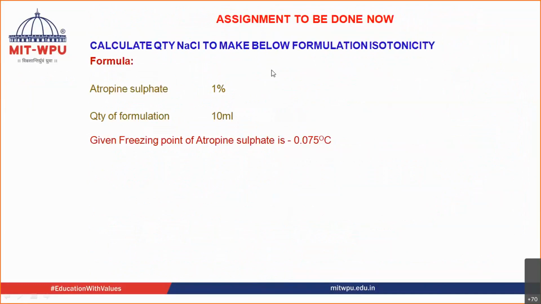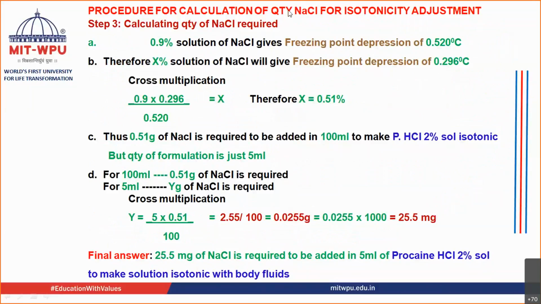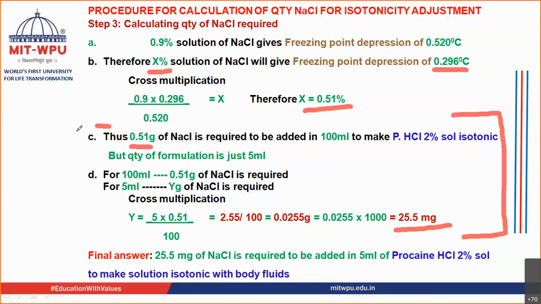Okay, and then we found out the percentage of solution of NaCl that is required for the freezing point depression to be 0.296 by cross multiplication, which was 0.51%. We converted it later into milligrams. As I said, this can be done depending upon what the question is there in GPAT. You have to see and find out.